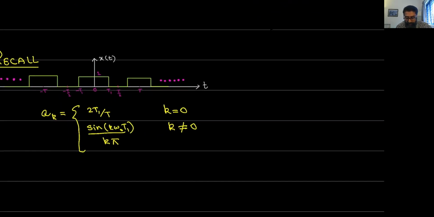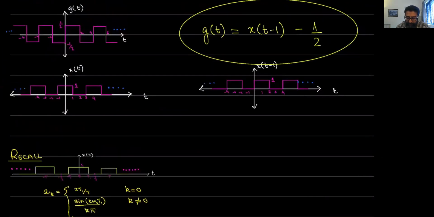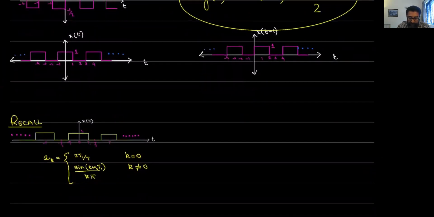So this x of t that we had earlier is pretty much the same as this, except that t1 is equal to 1 and capital T equals 4. So let's just evaluate what these Fourier series coefficients are going to be for our particular case.